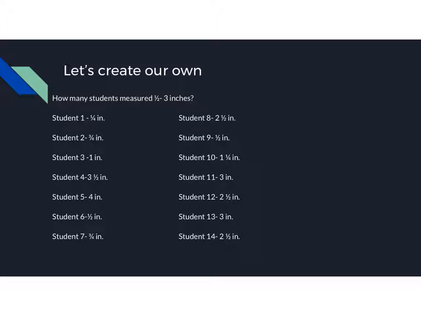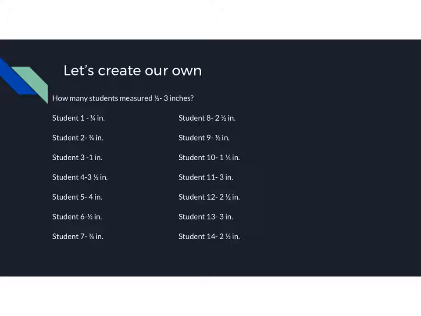Okay, so let's do a little practice and create our own. So the question is, how many students measured 1/2 to 3 inches? So any number between 1/2 and 3 inches needs to be graphed on our line plot. So first off, let's look at the data.